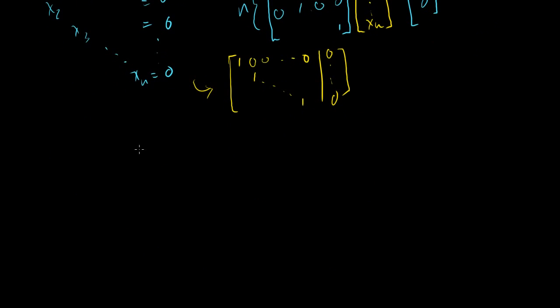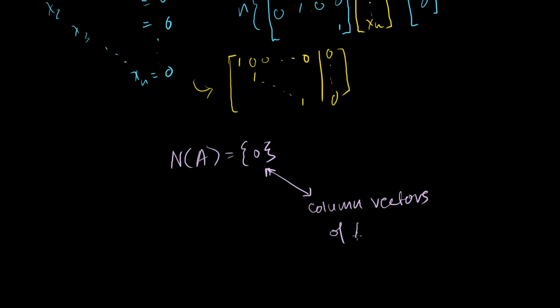So let me summarize our results. The null space of A, if it just equals 0, then that means, and you could go both ways, that's true if and only if the column vectors of A are linearly independent.